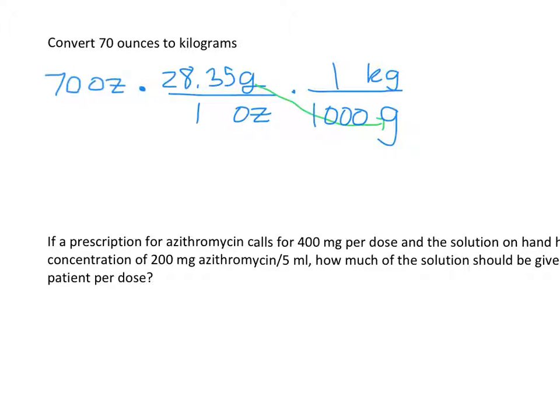Okay, and if we now just cancel out our units, ounce, ounce, gram, gram, that is going to leave us with just kilograms, which is what we wanted. And so now we do the multiplication. 70 times 28.35 divided by 1,000, and we get 1.9845 kilograms.